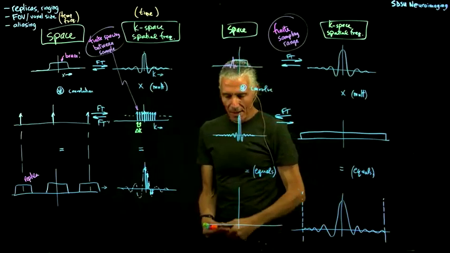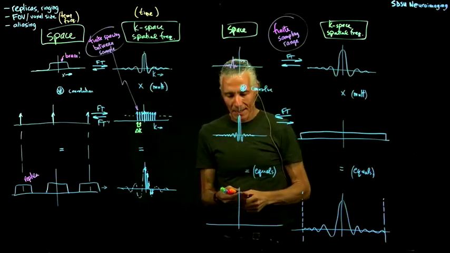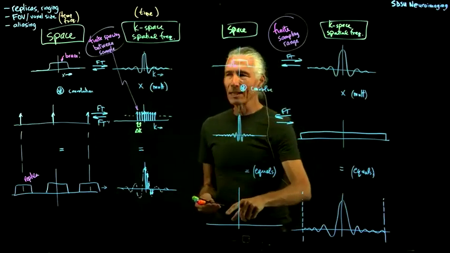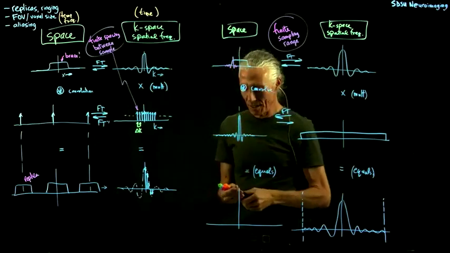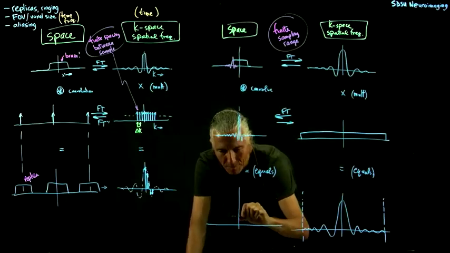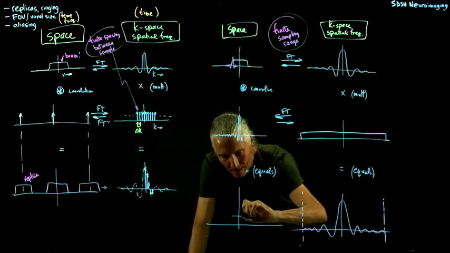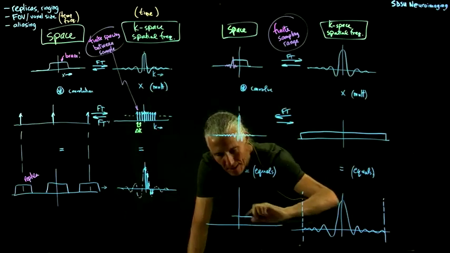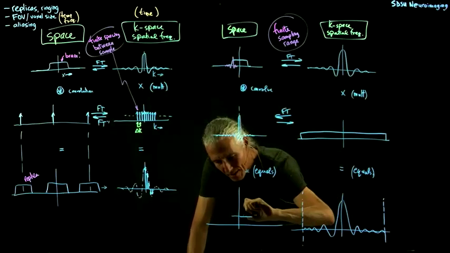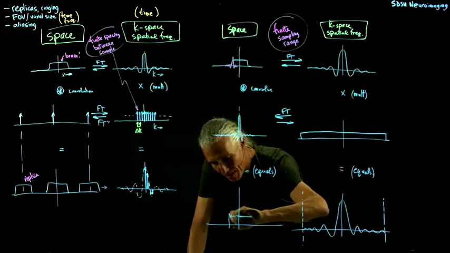And so what does that look like? It looks like a little sinc superimposed on the edge. So if you've got the brain there, what it looks like is, and I'm exaggerating how big the effect is so you can see it, the ripples are very small here, and then you start getting some ripples, and then there's a ripple at the edge like that, and then it goes down.